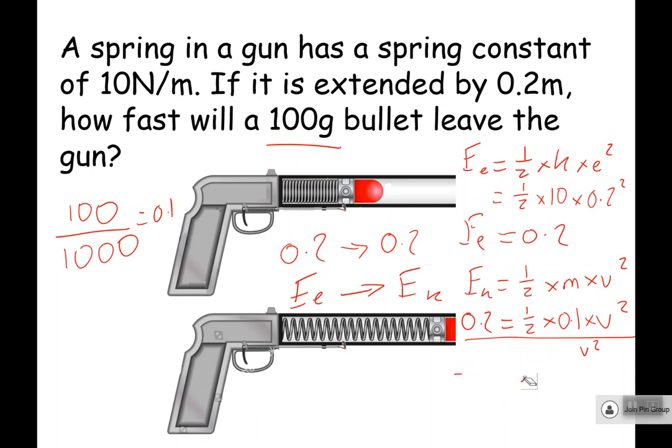So now we're on 4 equals v squared, and then to do that, square root of v squared is just v. Square root of 4 is 2, so v equals 2 meters per second.